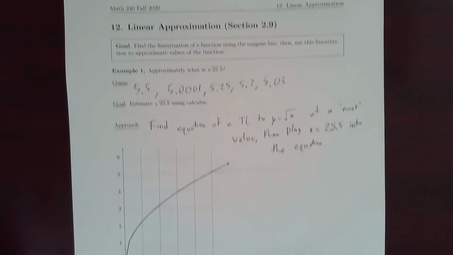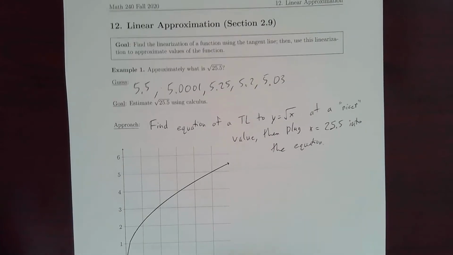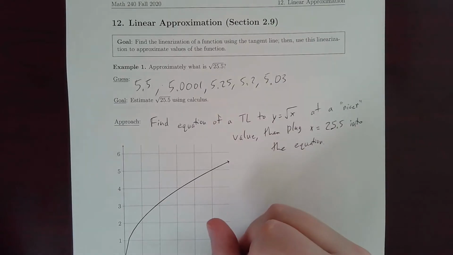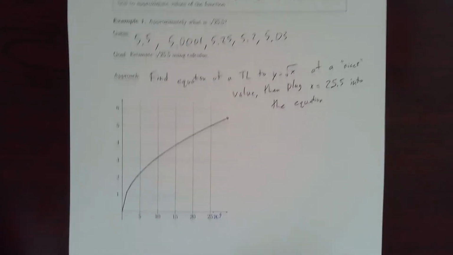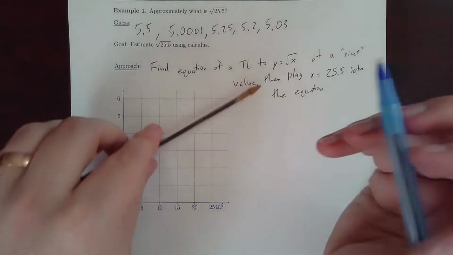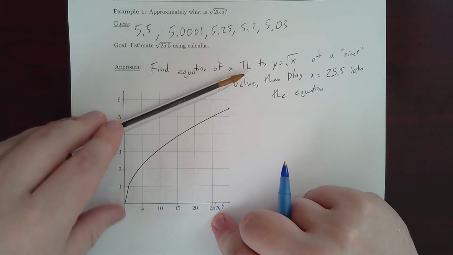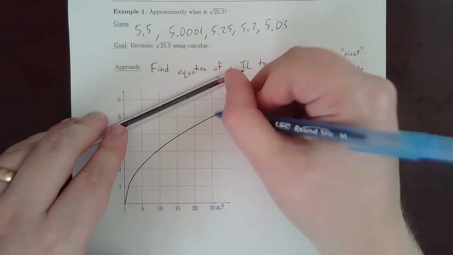So here's our idea. We've got 25 here, and say 25.5. We've got some sort of equation here. Now we know the square root of 25. That's the thing we had just talked about.